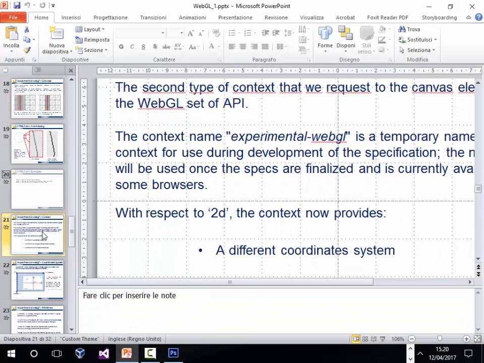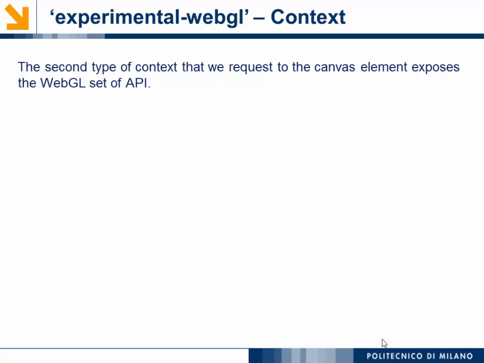Let's start with the more interesting context, which is the WebGL one. You have seen that by calling context, we have an API exposed, commands exposed, and we use those commands to draw. By changing the type of context, a different set of features and functions is exposed to us.